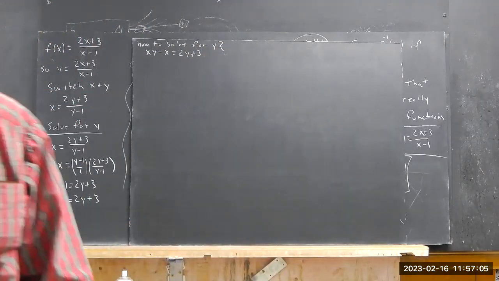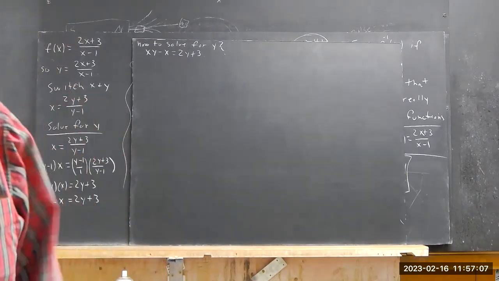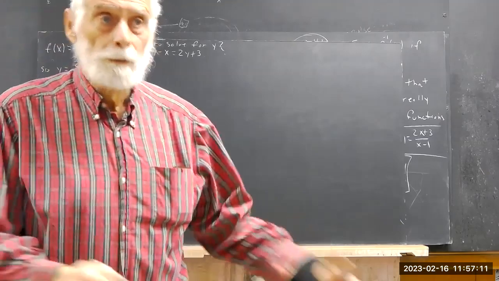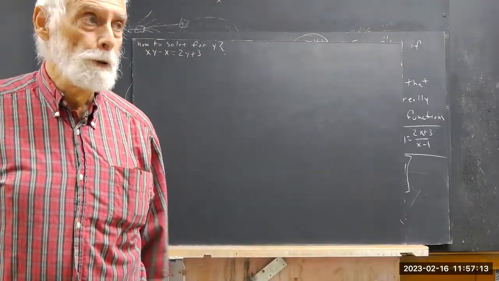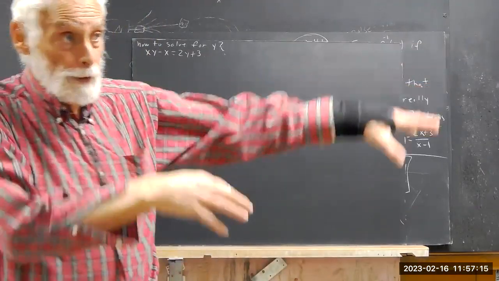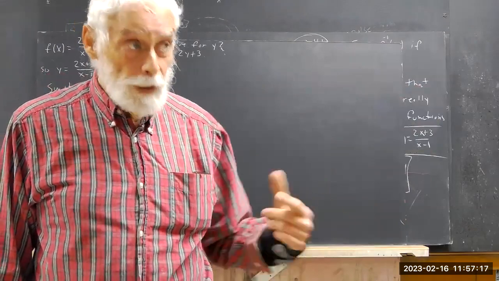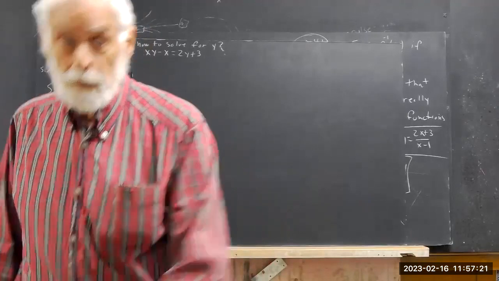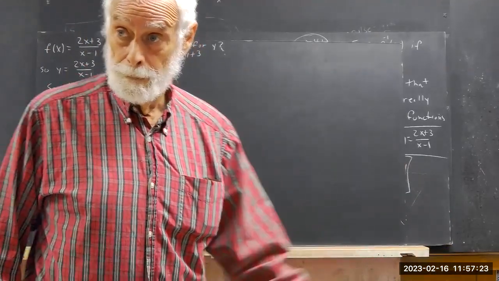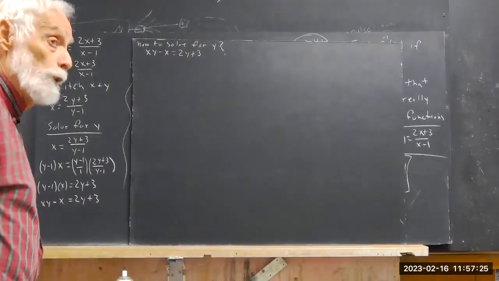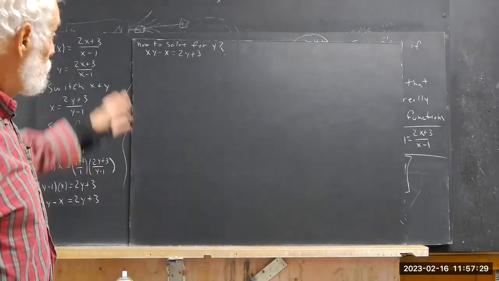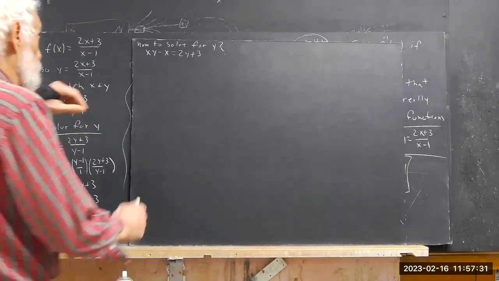This is where it gets a little bit tricky. Well, one thing you know, if you want to solve for a variable, you pull everything with that variable onto one side of the equation, and put everything else on the other side, right? So if it's got a y in it, it's got to come over here. If it doesn't have a y in it, it's got to go over there. You have to do that using the rules, by adding or subtracting something from both sides. We don't need any multiplication to do it in this case.